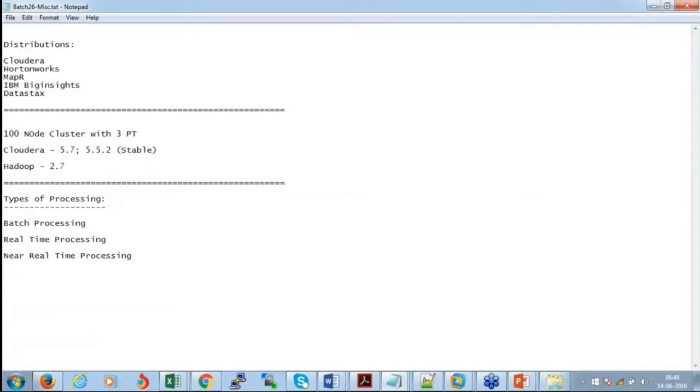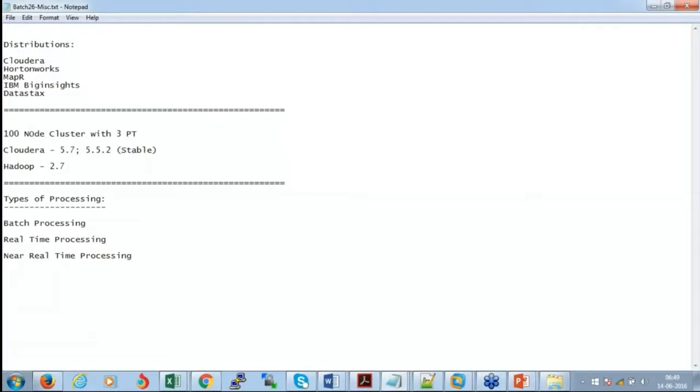Batch is nothing but when you are processing your data in batches, that's what is called batch processing. You can ask me, what could be the batch time limit? For example, if you are running the processing once in a day, maybe once in a week, once in a month, or once in a quarter, that range falls under batch processing.